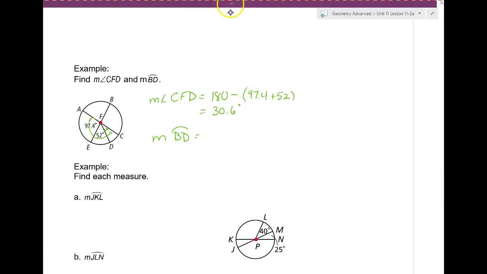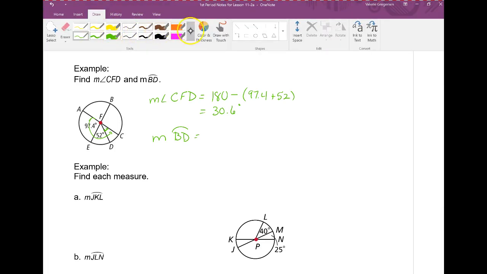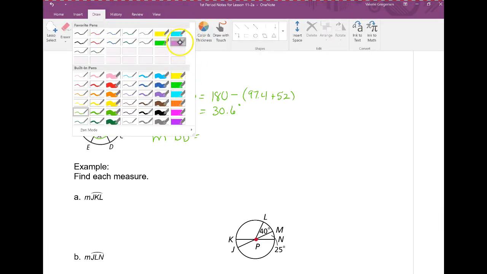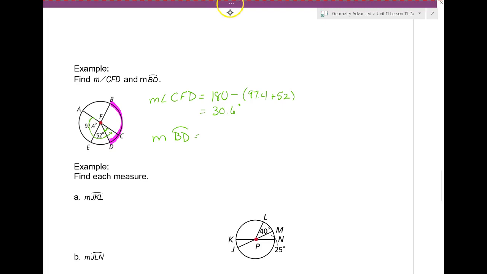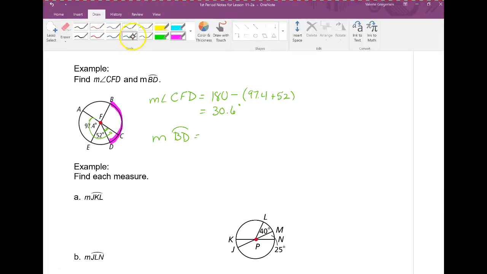So it's a minor arc. So that means we know I'm looking for this arc, not the big one. All right, suggestions on how I possibly could solve for the measure of arc BD. What do you guys think?